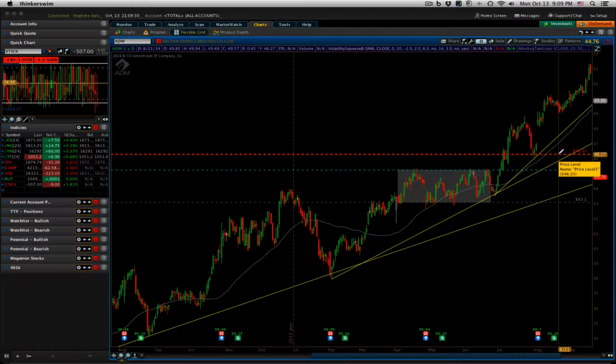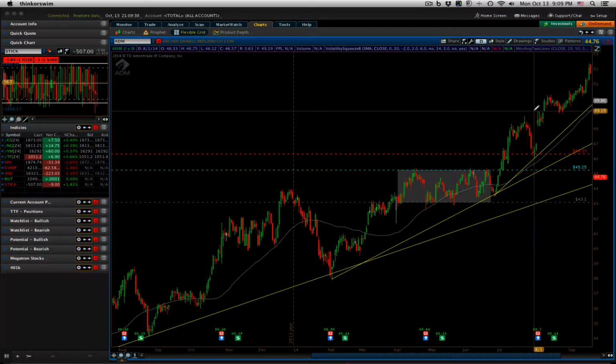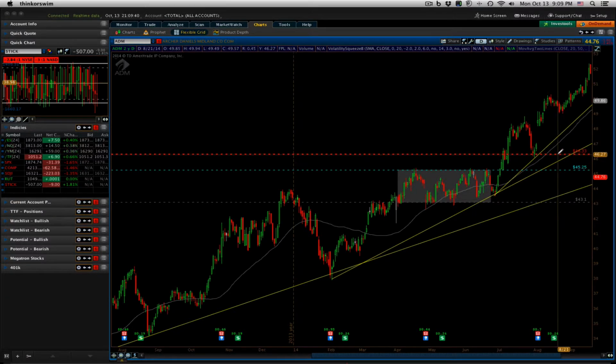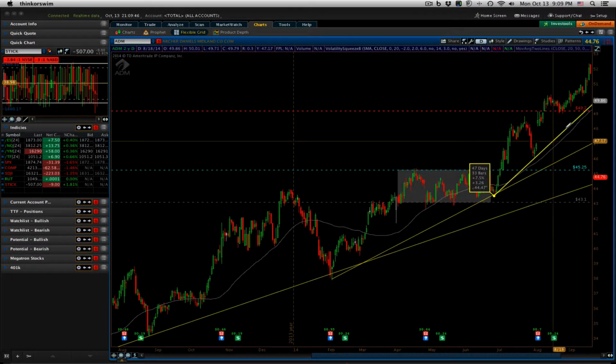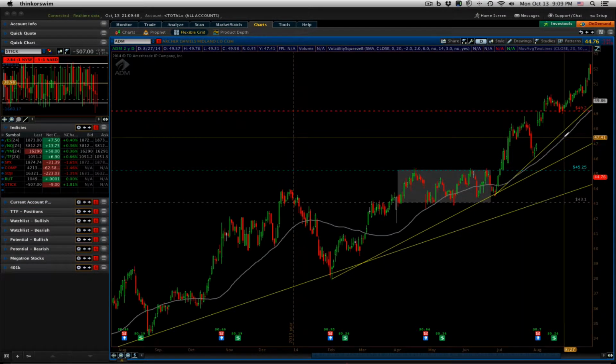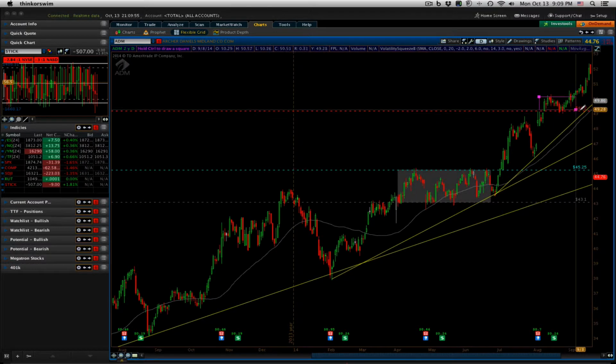The next stop level is going to be moved up to this low here at 49.19. The reason we're moving it to that low is we're now using a more accelerated trend line. You can see how steep the 50-day moving average is. A new consolidation formed and a new breakout happened. Small as it was, it's a new consolidation, new breakout.